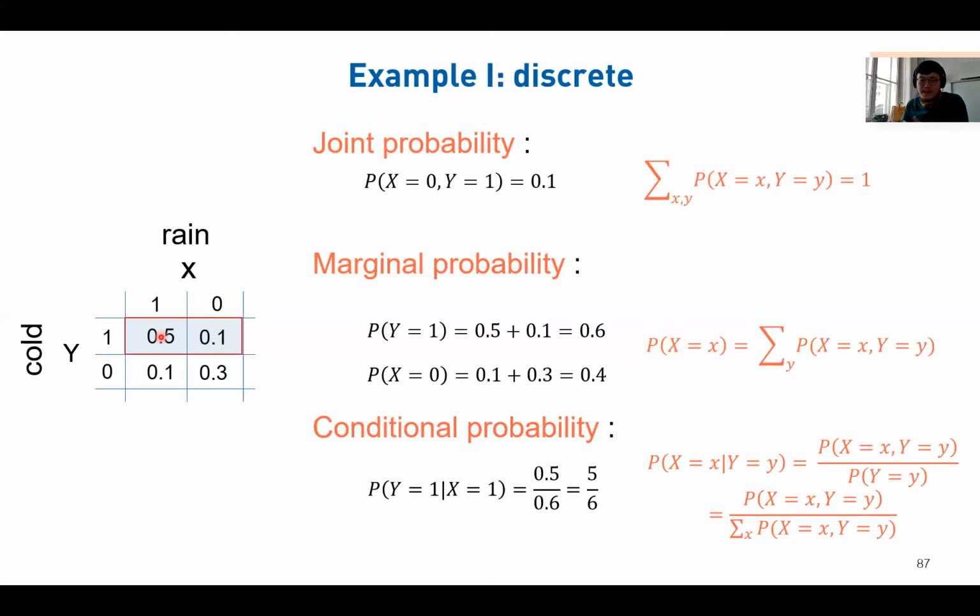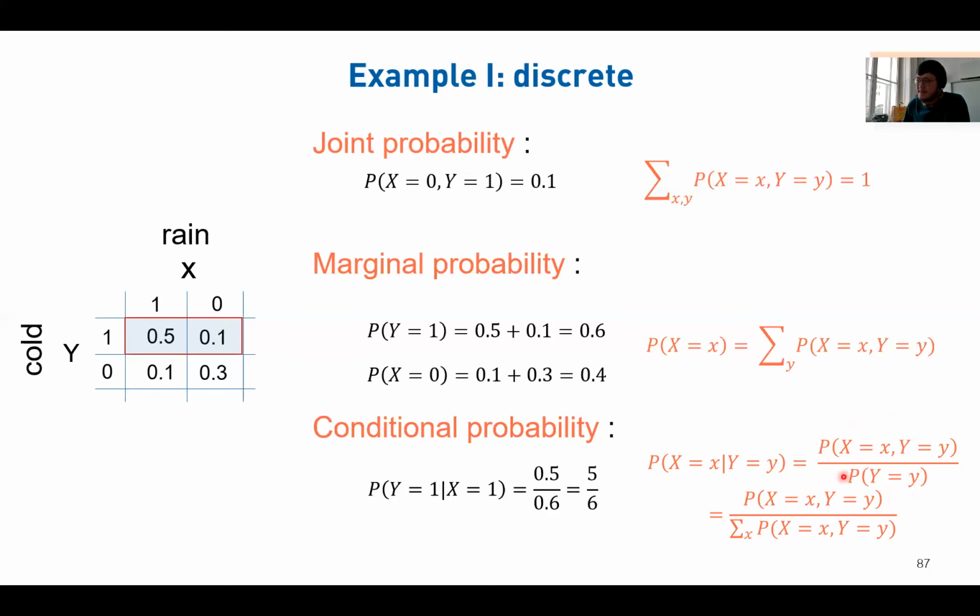So to make it a little bit more complicated, here is a generic formula of conditional probability when we have two events, x and y. The probability of capital X equals small x, given that capital Y equals small y, has on the numerator the joint probability over the marginal probability.